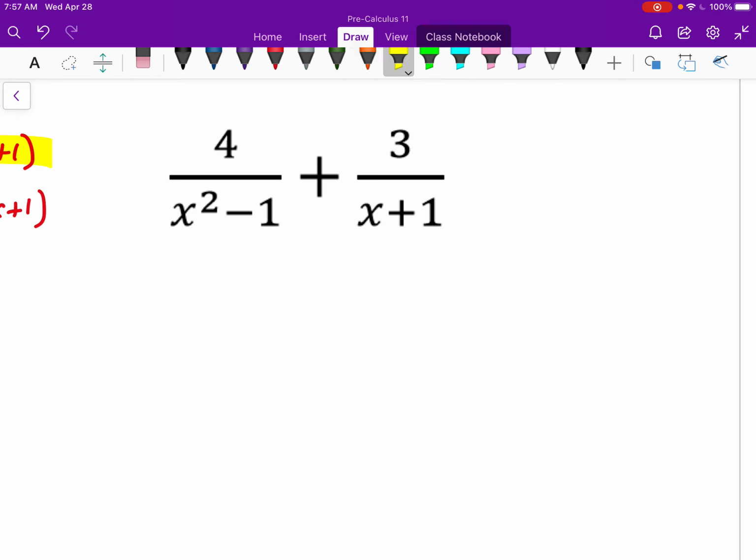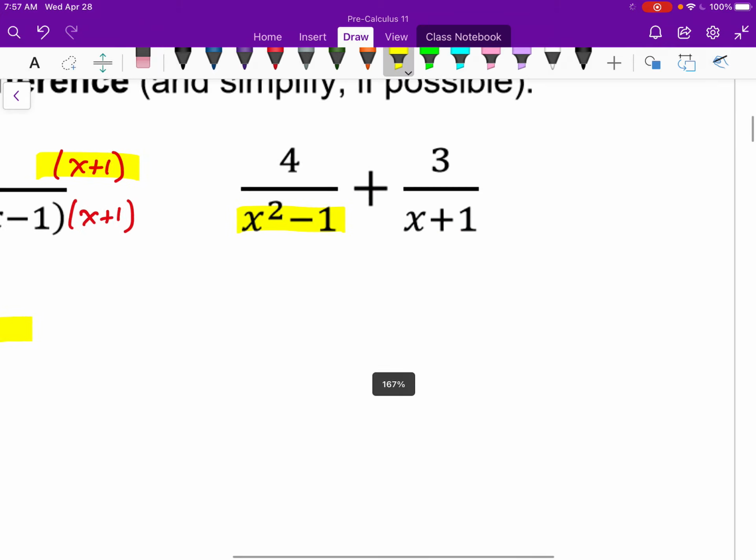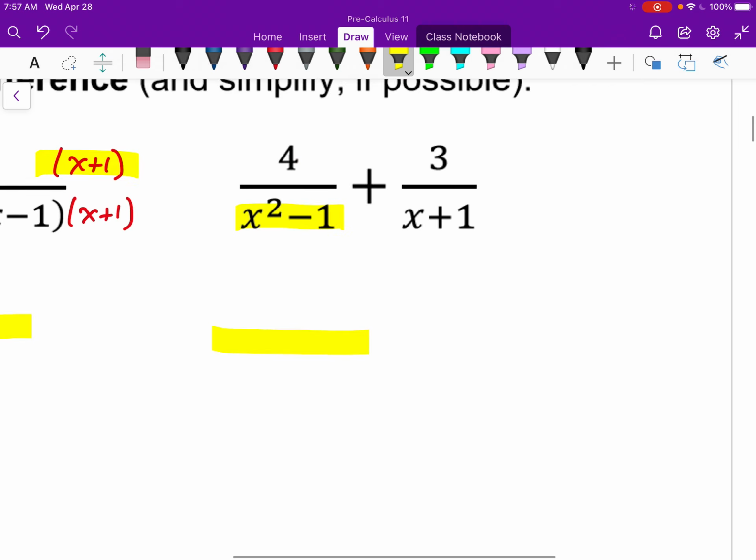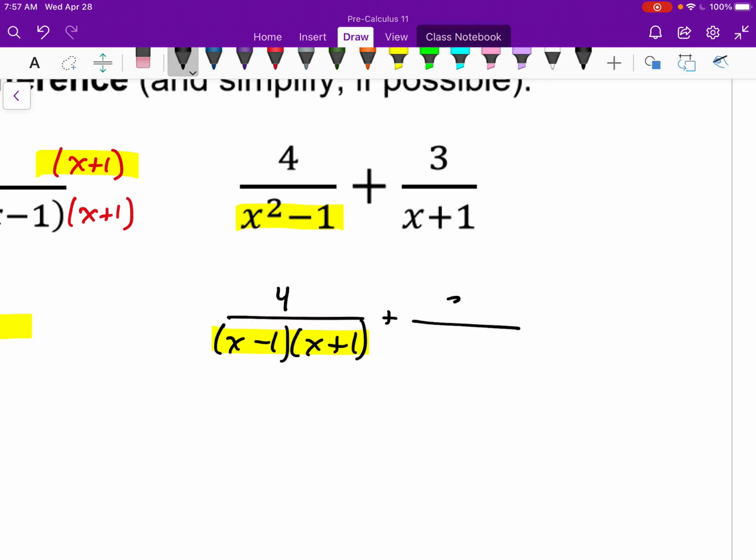And so if I look here and here, it's hard to tell what I need to find to create a lowest common denominator until I first try factoring something. And again, x squared minus 1, I'm hoping you realize that's a difference of squares. And when I write it in its factors, then it becomes more obvious, I hope, how to create that common denominator.